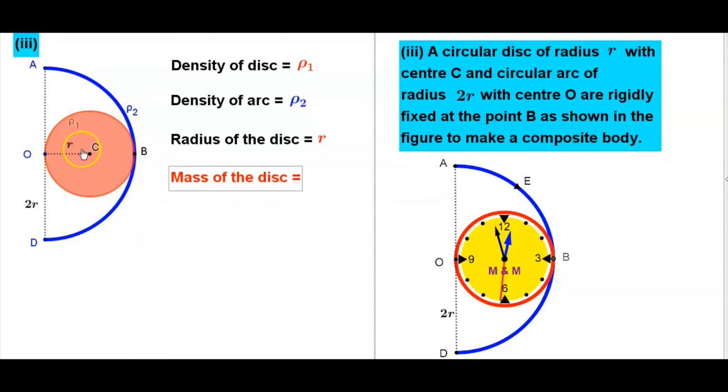Area of this disc is pi r squared, so the mass is pi r squared into rho 1. Center of mass of disc from O: the center of mass is here, and from O this distance is R. So the center of mass of disc from O is R.